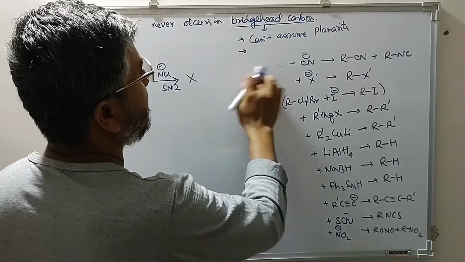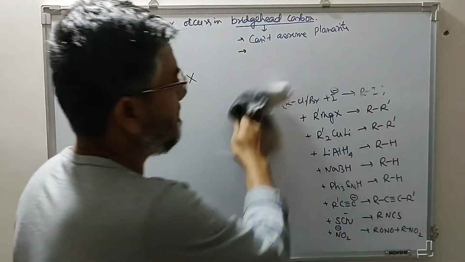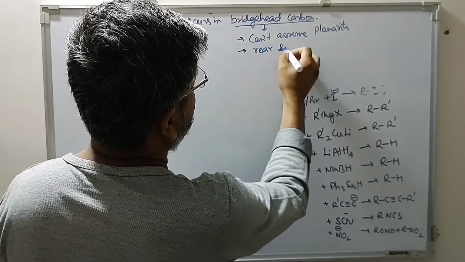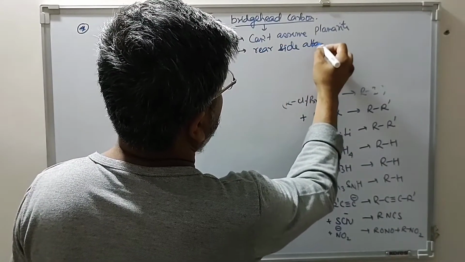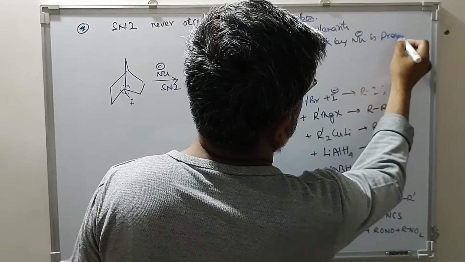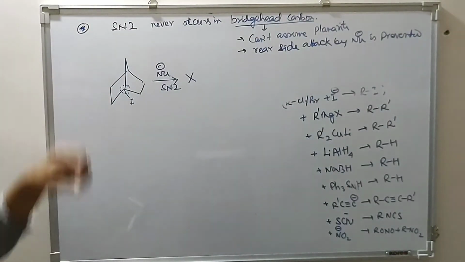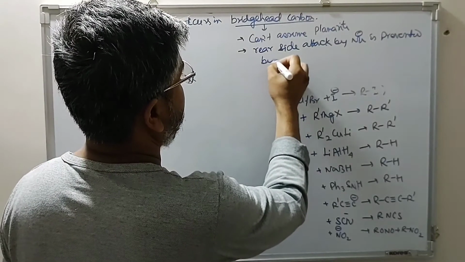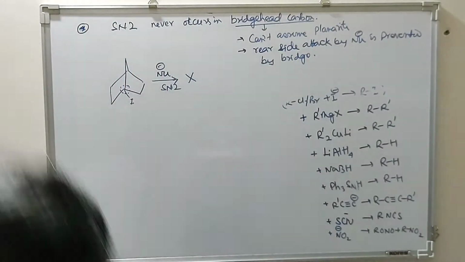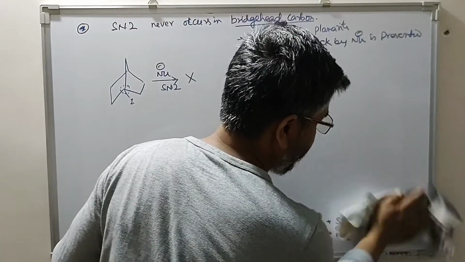And the rear side attack by nucleophile is prevented by this bridge. So as the rear side attack is prevented, no SN2 reaction takes place in bridgehead carbon.